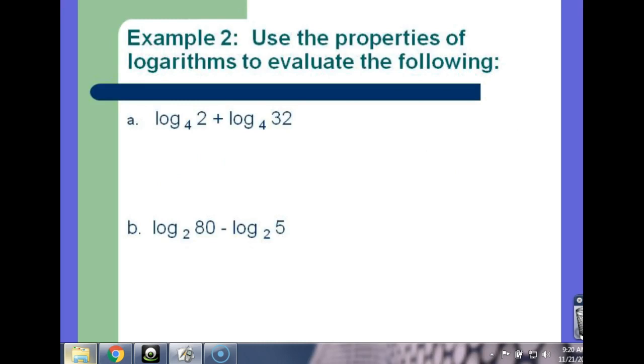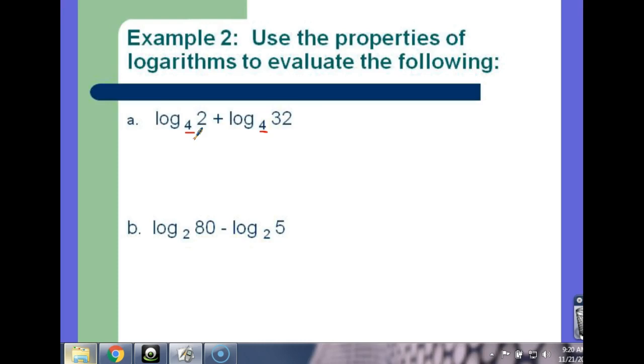Okay? We can also use logs to evaluate problems that are set up to be longer or shorter. So in the case of this problem, it says evaluate, so we're still doing the same thing. But what we can do is, since these have like bases, we can actually turn this into one problem.